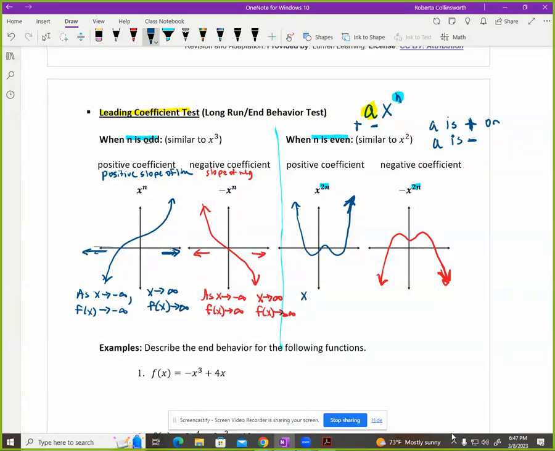So as x approaches negative infinity, f of x is going to positive infinity that direction. And then here, as I'm going to positive infinity on my x-axis, f of x is also going to positive infinity.